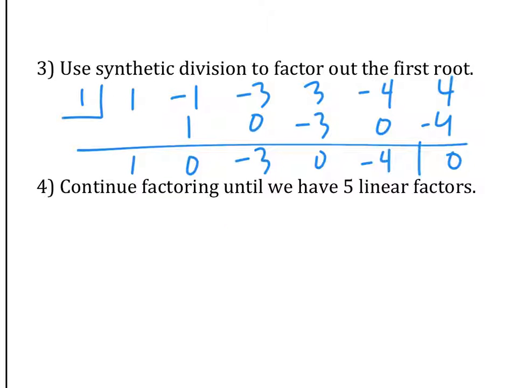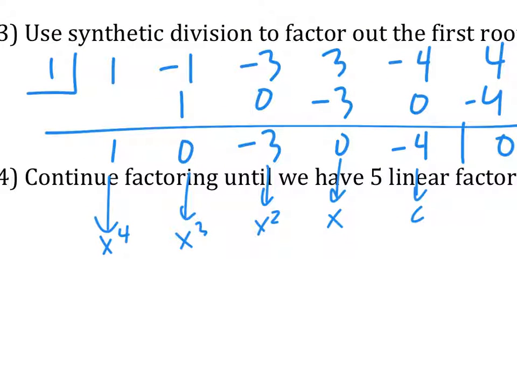Remember you start with a constant, and then x, x squared, x cubed, x to the 4th. So what is this polynomial? x to the 4th minus 3x squared minus 4 equals 0.